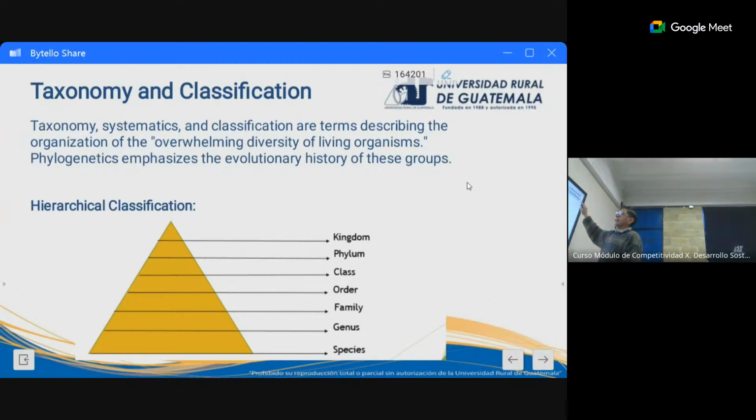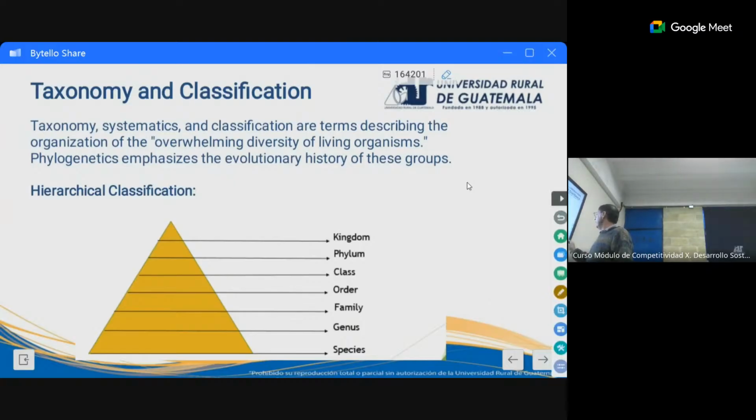Let's check. This is a hierarchical classification from top to bottom, and the upper level is called kingdom. Let me turn on the pen.